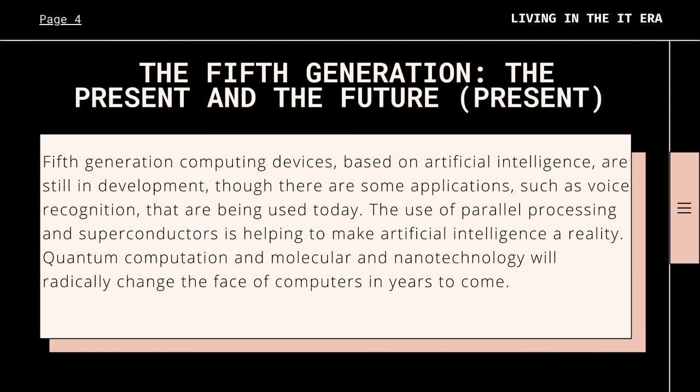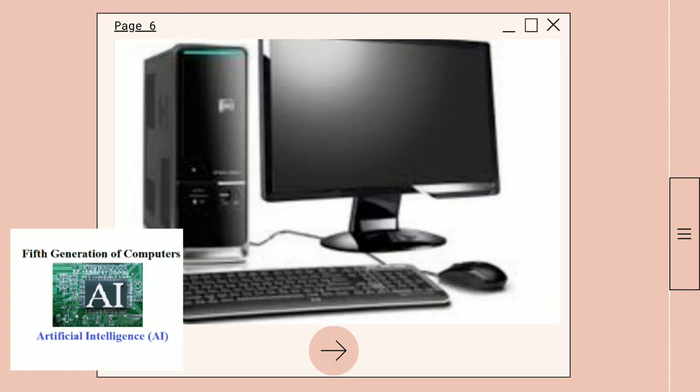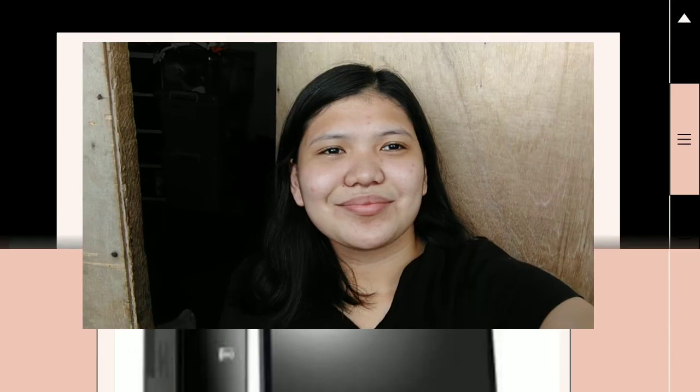The use of parallel processing and superconductors is helping to make artificial intelligence a reality. Quantum computation, molecular and nanotechnology will radically change the face of computers in the upcoming years. The image shown is an example of a fifth-generation computing device.